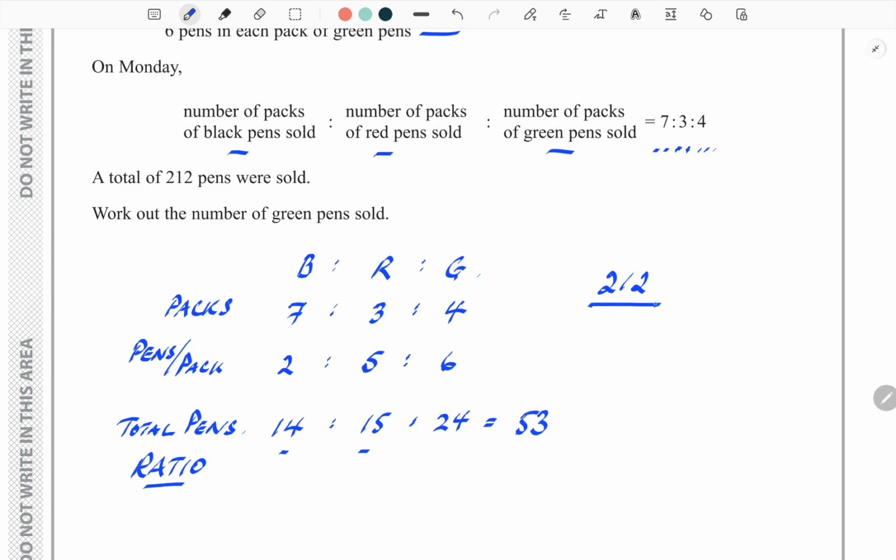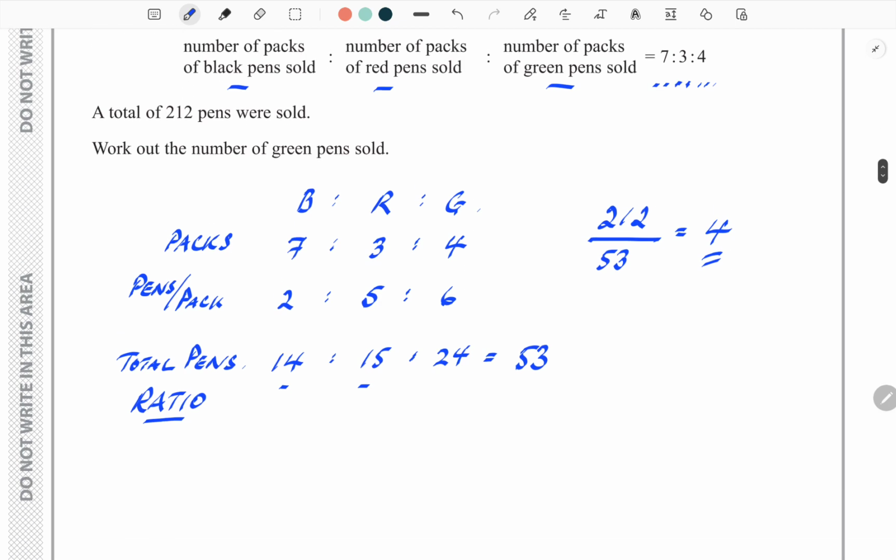So divide the 212 by 53, and that turns out to be 4. All right, you've got to be able to do that kind of bit of mental maths, or indeed work it out, long division if you like. All right, so basically we've got 4 lots of everything.